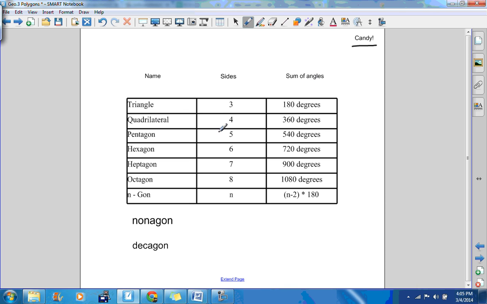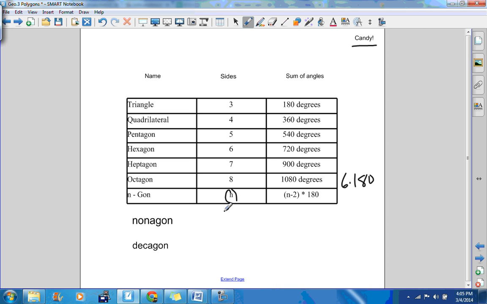A quadrilateral by definition has 4 sides and has 360 degrees. And if you scroll all the way down, we call these n-gons, which means you take the number of sides, subtract 2, and multiply times 180, and you'll get the total. So an octagon, I do 6 times 180, because it has 8 sides, 8 minus 2 is 6, and that would give us the number.